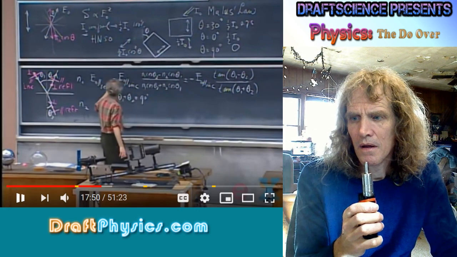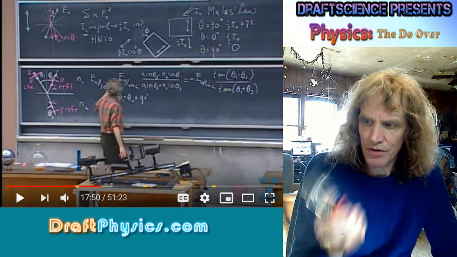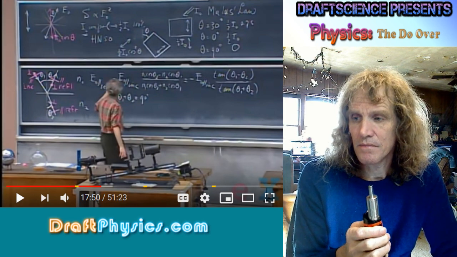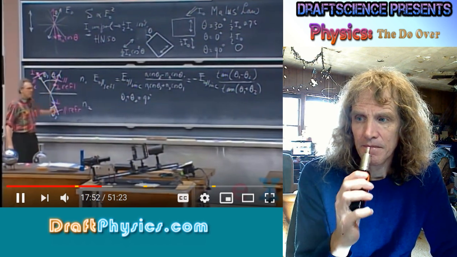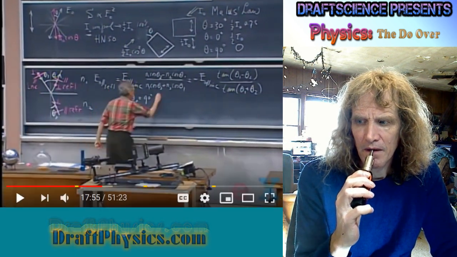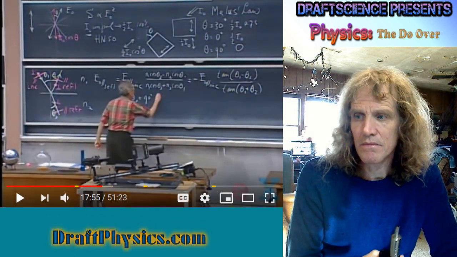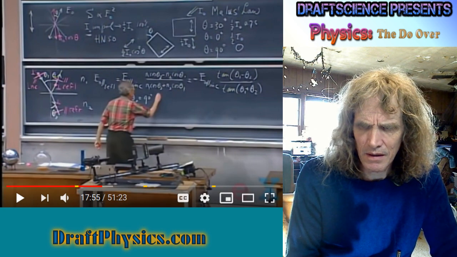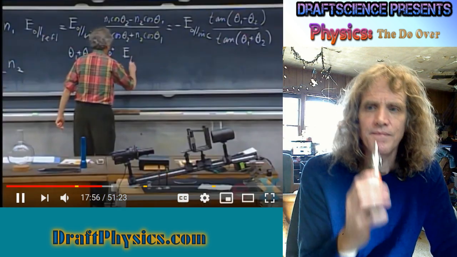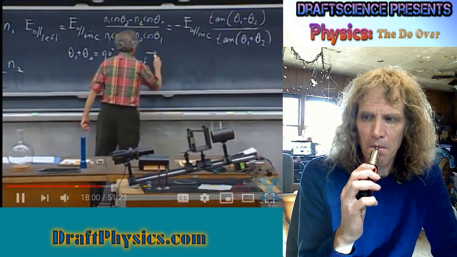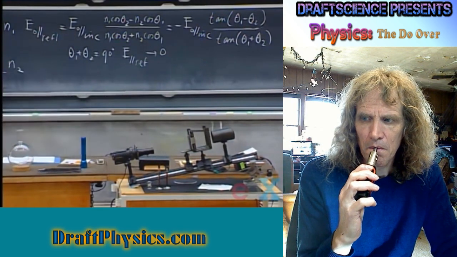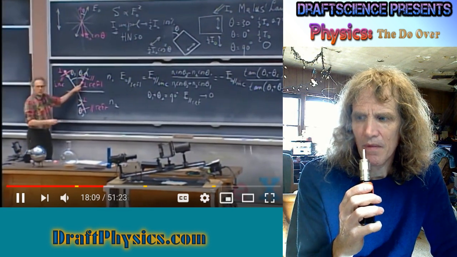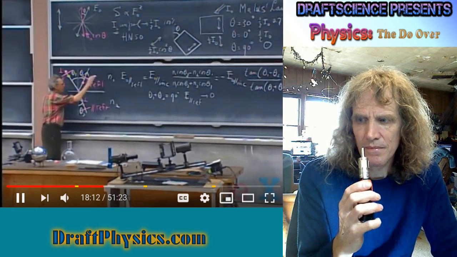And so that means that the parallel component in reflection goes to 0. If that one goes to 0, there's only this one left, which is not 0. And that means the reflected light is now 100% polarized in this direction because I have killed this component completely.